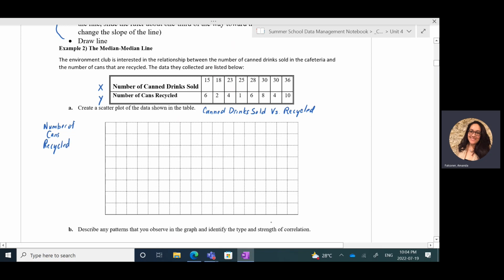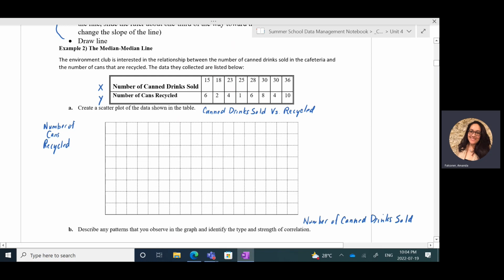And on my X, I'm going to put number of canned drinks sold. Okay, then I'm going to choose a scale.